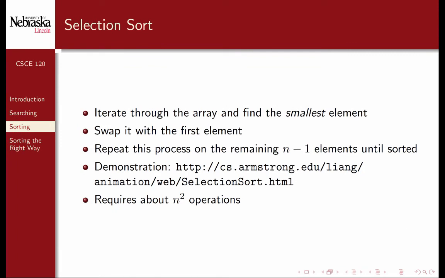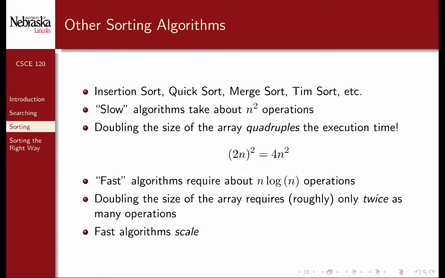Selection sort requires about n squared operations, where n is the size of the array that you want to sort. There are many other sorting algorithms, such as insertion sort, quick sort, merge sort, tim sort, and many others. Slow sorting algorithms, such as selection sort, require about n squared operations. Consequently, if you were to double the size of the array that you want to sort, that would quadruple the execution time.